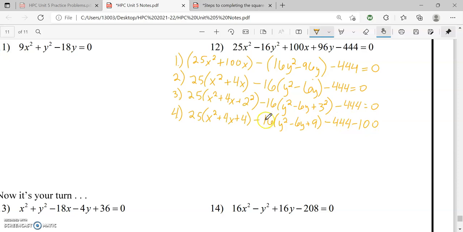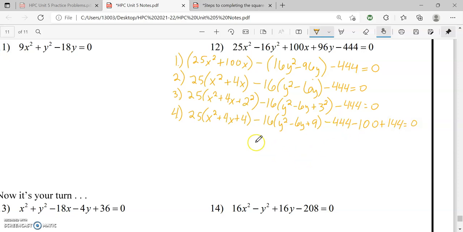Now here it says subtract this same amount, but I need to take the subtraction of, so minus 16 times 9. Well, it's really negative 16 times 9, so I need to add 16 times 9, which is 144.